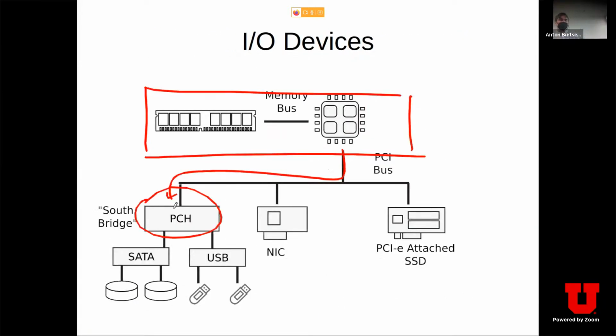There's another chip which implements the platform controller hub, PCH, which goes to the controller which controls the disks, and to the controller which controls the USB. And this is called the PCI bus, like the main bus on Intel machines or personal computers in general.